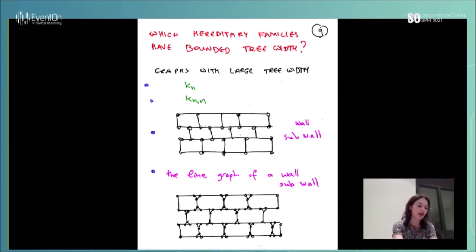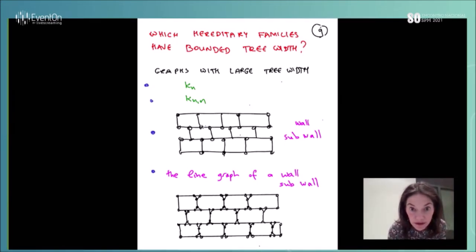So graph minors is another containment relation on graphs, much more topological somehow than induced subgraphs. And there it's known exactly what you need to exclude as a minor in order to get bounded tree width. And what's known there is that you need to exclude a big complete graph and a big wall. So a complete graph, again, is a bunch of pairwise adjacent vertices.